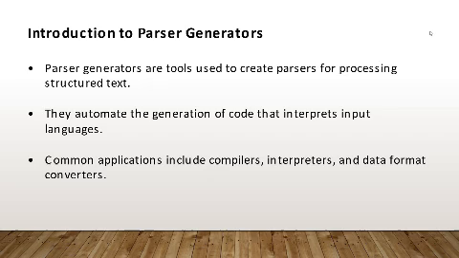Parser generators are widely used in software development, especially in compilers, which translate source code to machine code, interpreters, which directly execute code, and data format converters, which transform data between different formats.